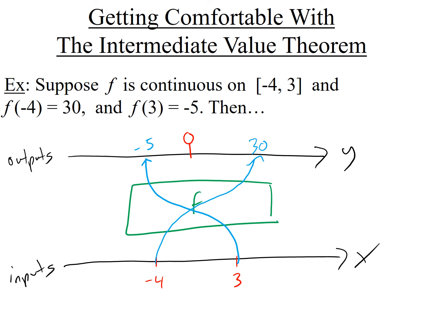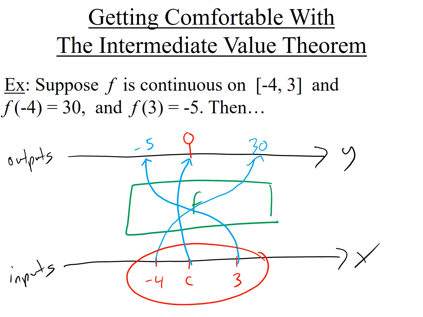Okay, so since -5 and 30 are both outputs of this function and it's continuous, then 0 must be an output. You're going to say, okay, if 0 is an output, there must be something you can plug in to get 0. You're right. Do I know the number? No. But the intermediate value theorem says there's some number between there and there. We're going to call it C, that if you plug that into the function, you get 0. So that's what the intermediate value theorem says.